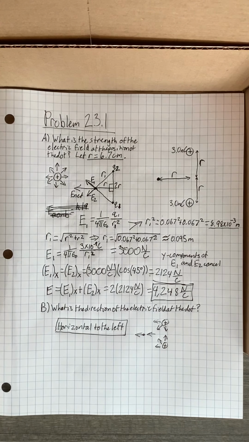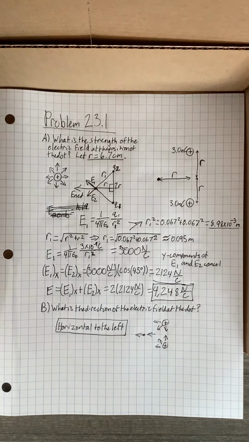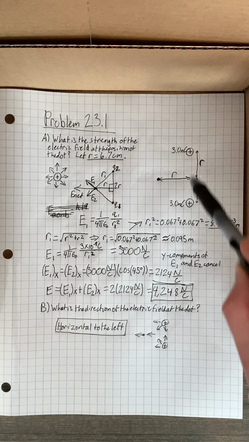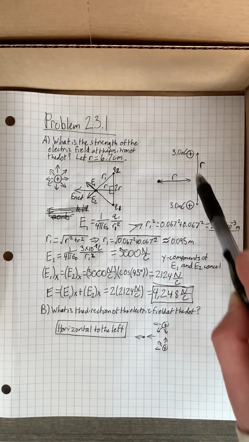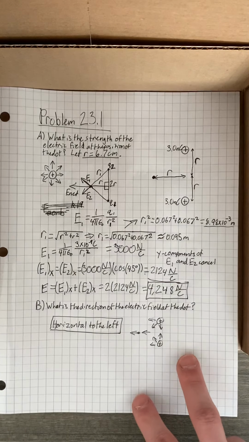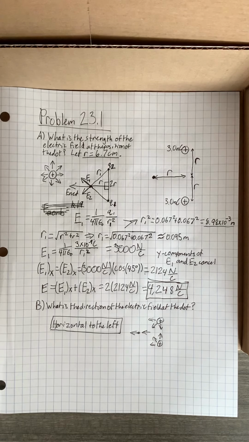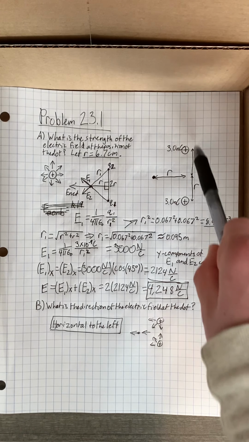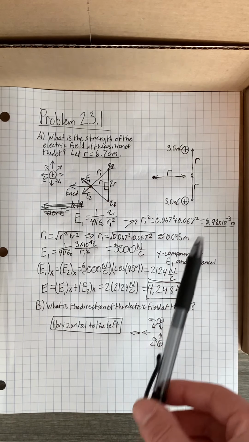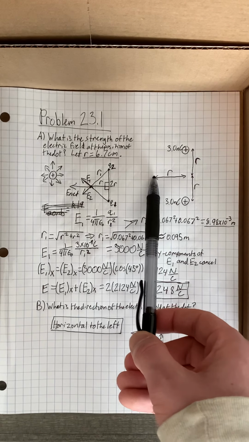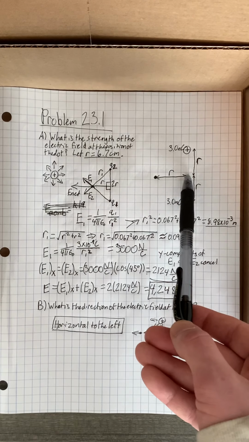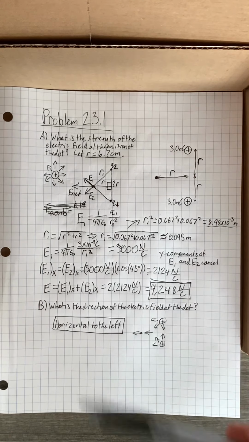So for part A, it gives us this figure where we have 2 point charges, both positively charged to 3 nanocoulombs, and they have this distance labeled R, and then a point right here, which is R distance away from the midpoint between the 2 point charges.